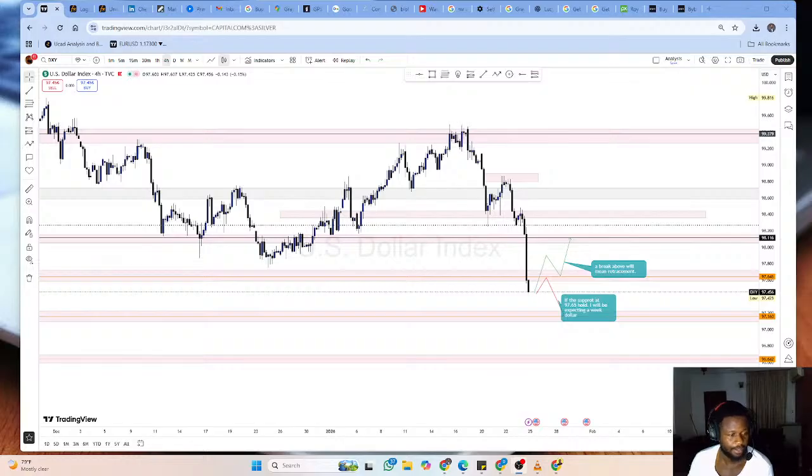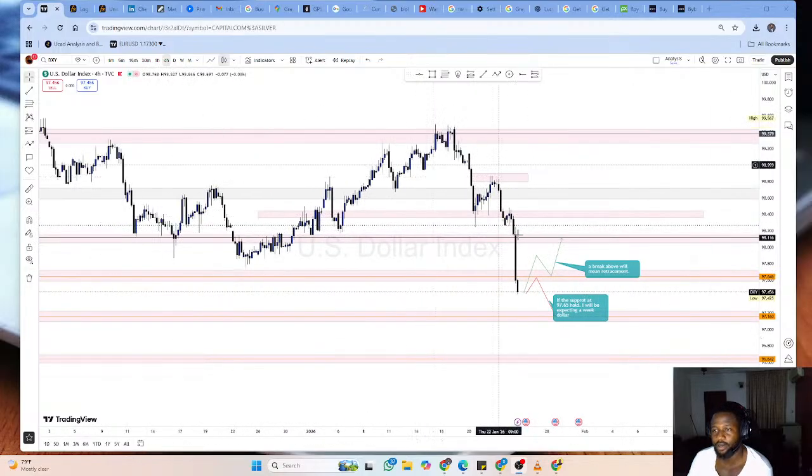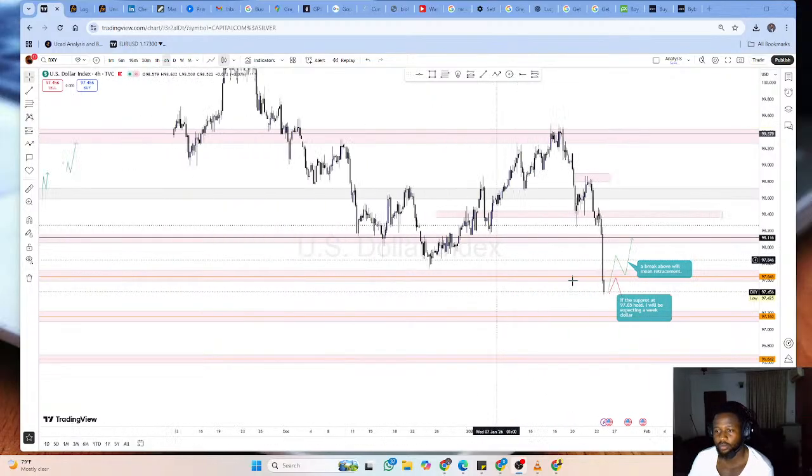Alright, so right now, this was what the dollar did last week. We had this breakdown. So a retracement now, a good full on retracement.